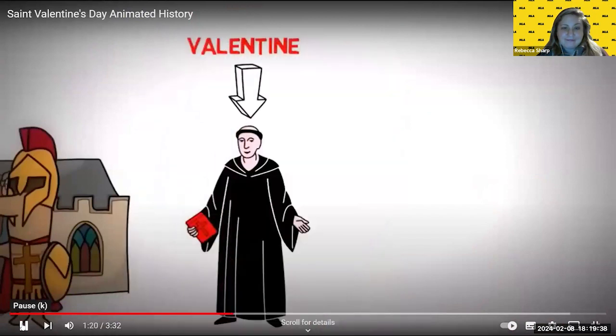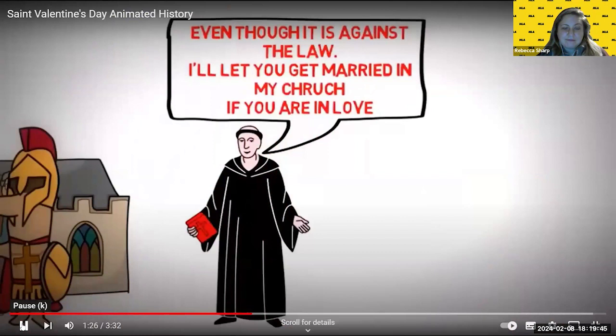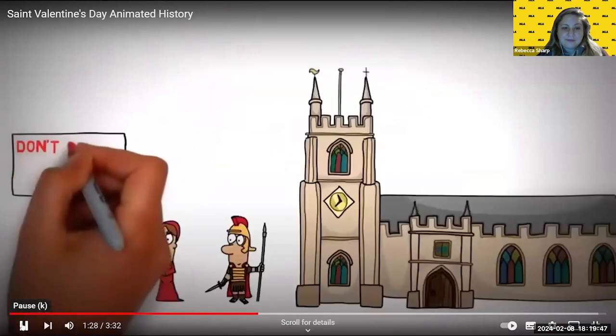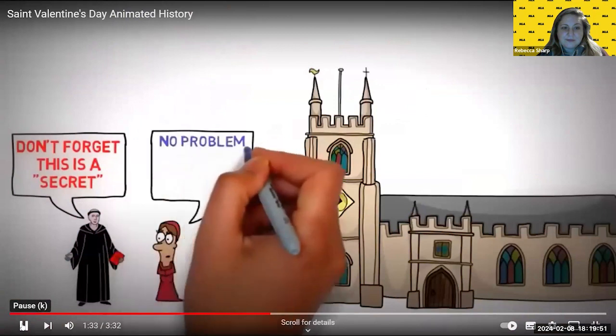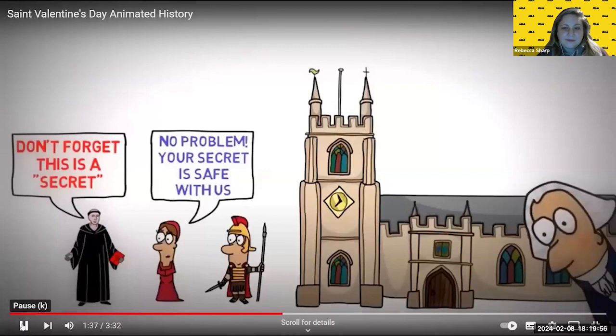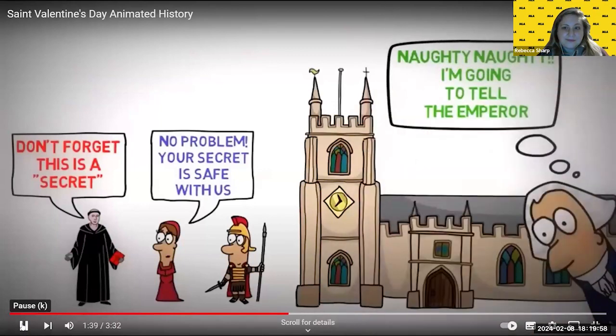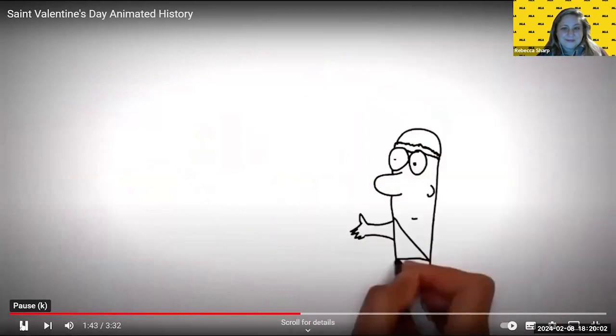He believed that if a man and woman fell in love with each other, they should get married. And so he decided to let soldiers get married in his church, even though now it was against the law. The soldiers' weddings were meant to be kept secret. But as you know, all secrets are hard to keep, and soon the word got out.